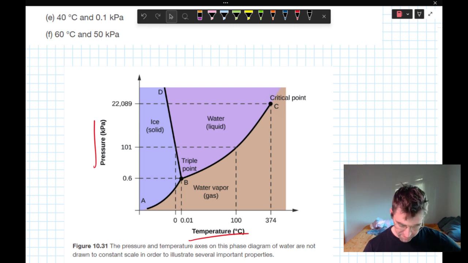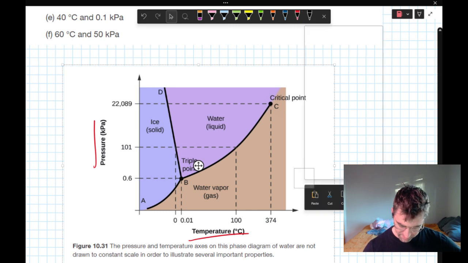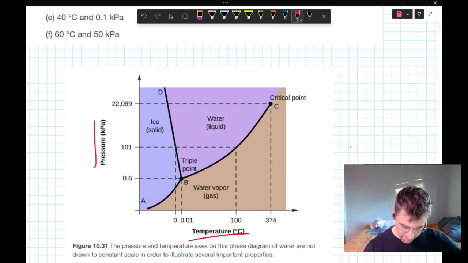So at 35 Celsius, which is not, oh goodness. Let me set this to background really quick. So if halfway is 50, 35 is somewhere around there. And 85, we're going to say that's 85. We're somewhere in here. That's inside the water or liquid phase.